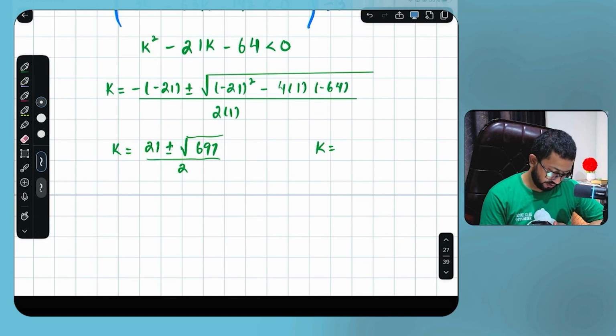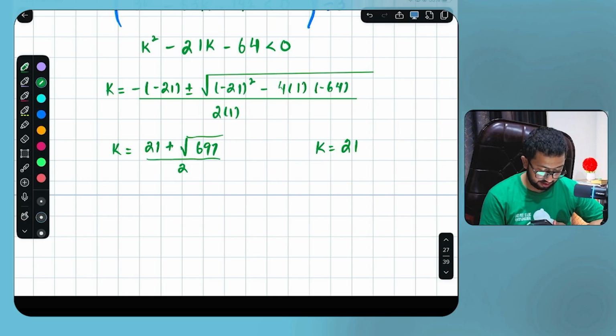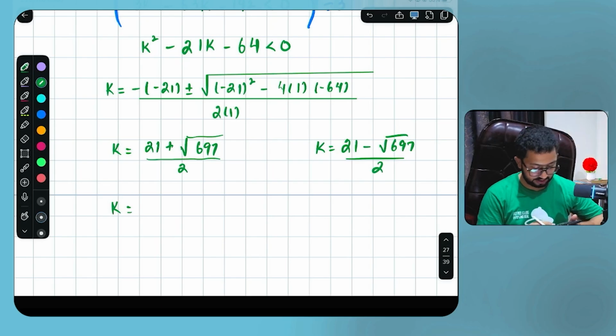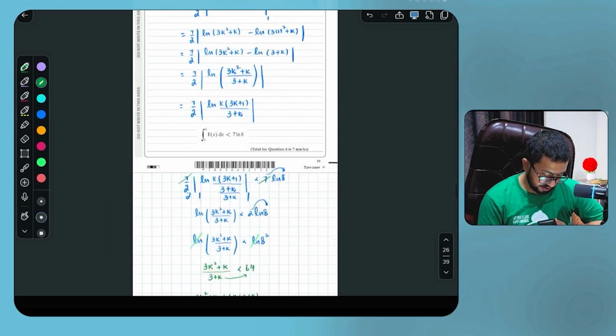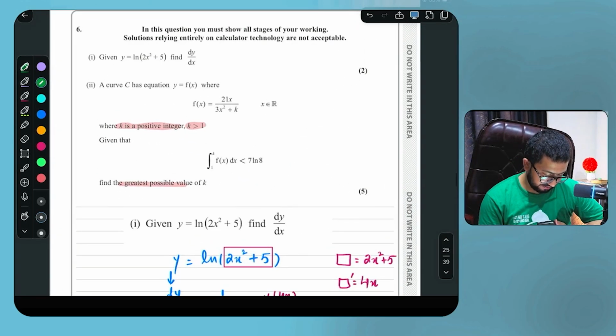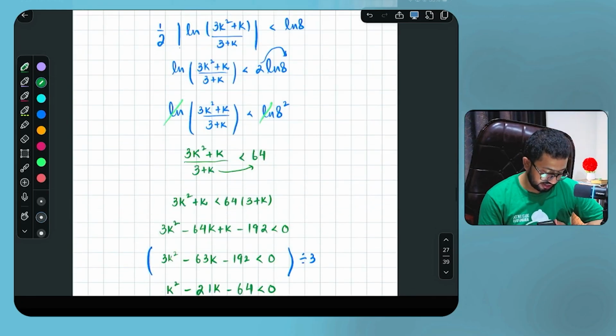So the value of k will be okay. First you can write with positive and second you can write with negative sign and put in calculator to get the answer. Because I want to find the value of k, k is an integer.